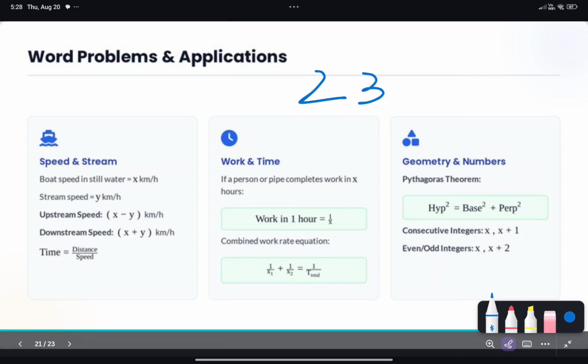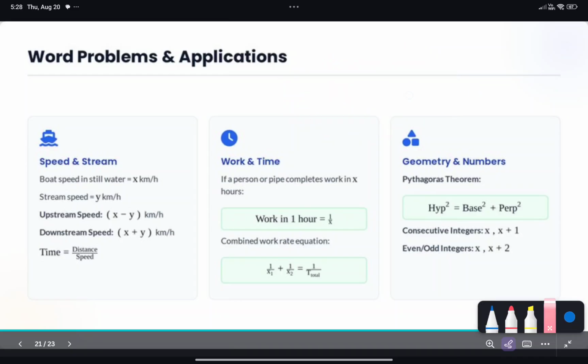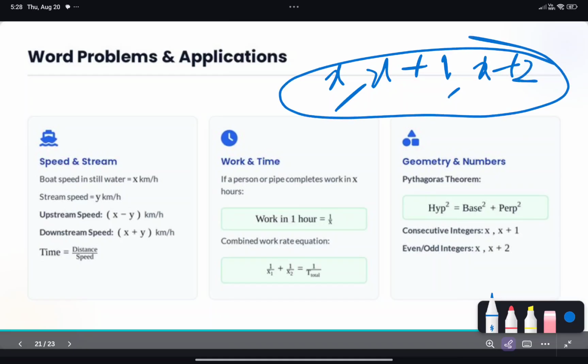What is the consecutive number of 3? 4. These are consecutive numbers. What is the general formula of consecutive numbers? x, x plus 1 and x plus 2. For example, if x is equal to 10, then 10, 11, 12. Clear?